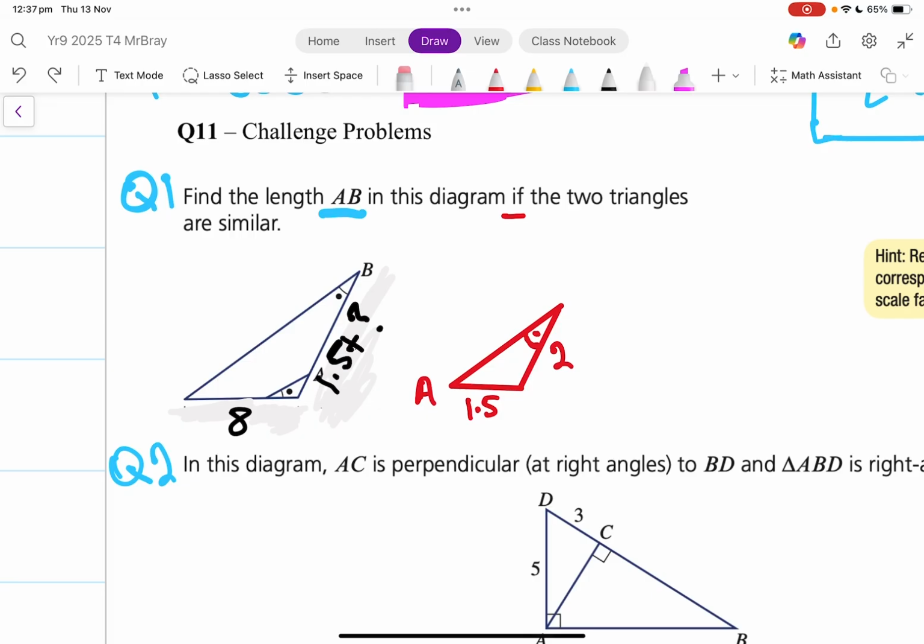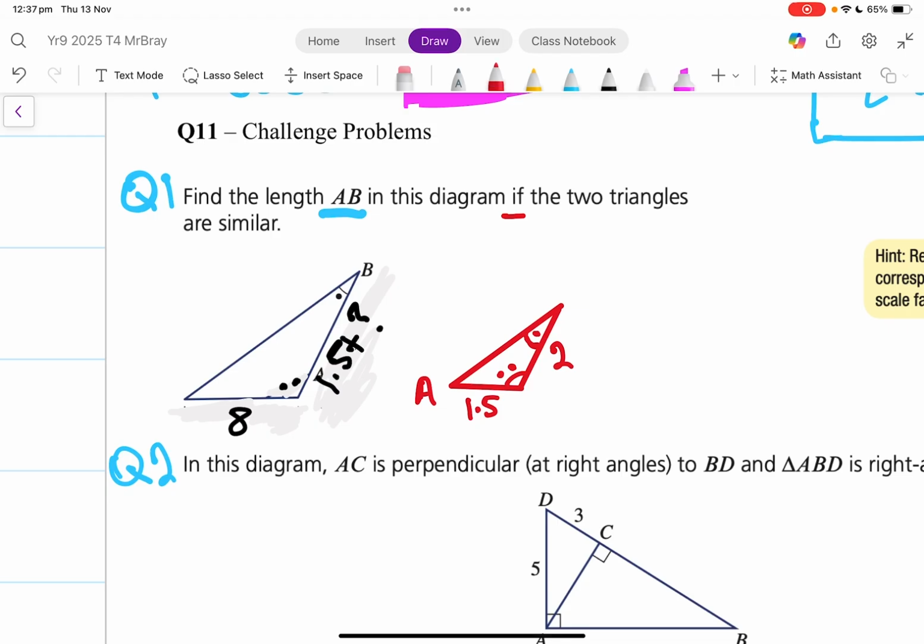On the small triangle, you'll see that it's the angle opposite the long diagonal side, so it's actually this angle here. And if I label this now on the big triangle, it shares those two angles there, so those two are the same.